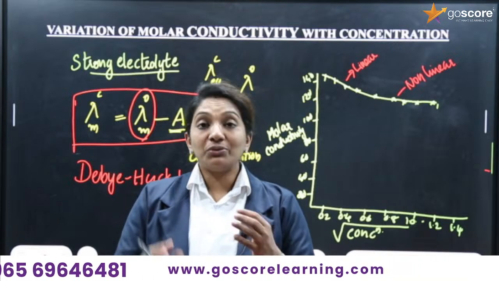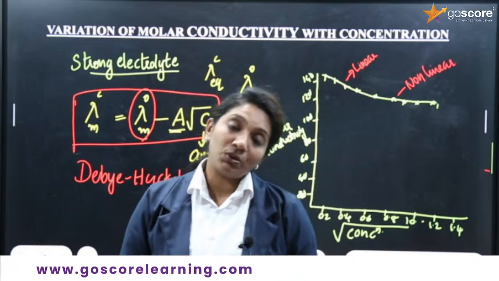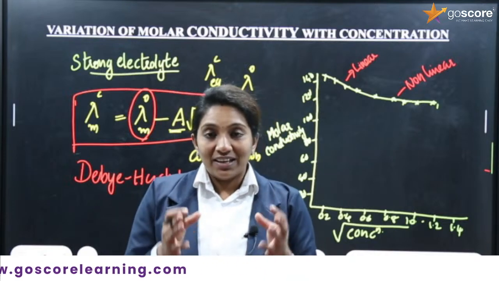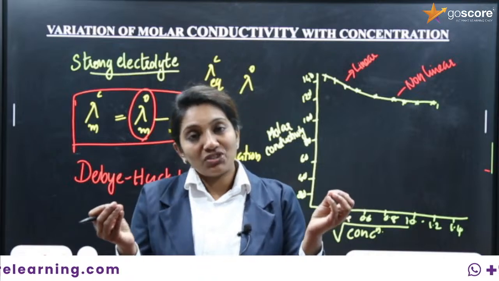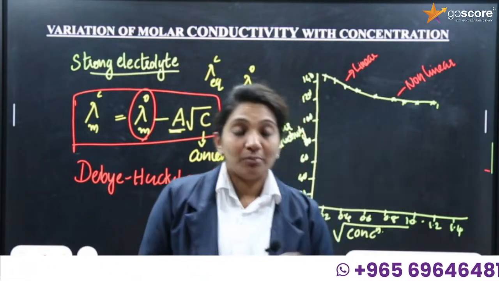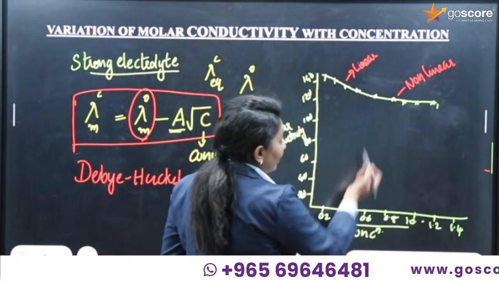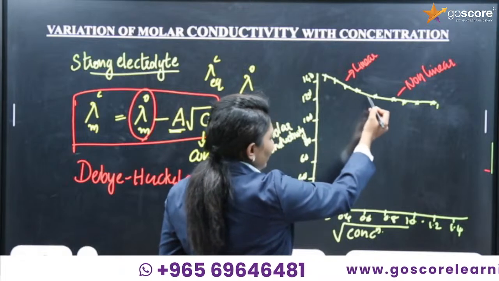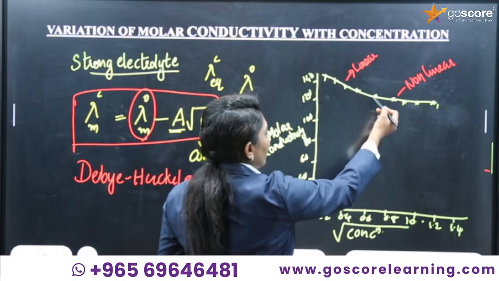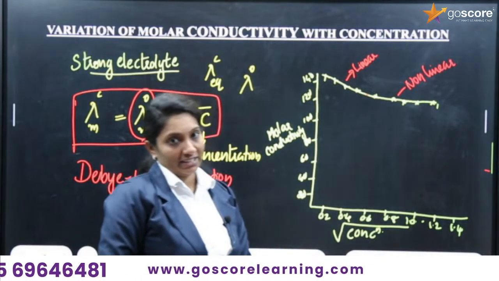When you dilute the strong electrolyte, this interionic attraction decreases and the ions can move more freely. That is why upon diluting, you can see a slight increase in the molar conductivity with a linear plot.